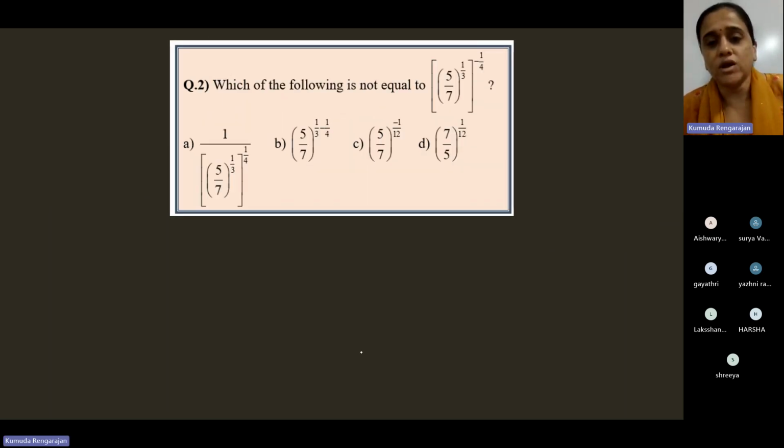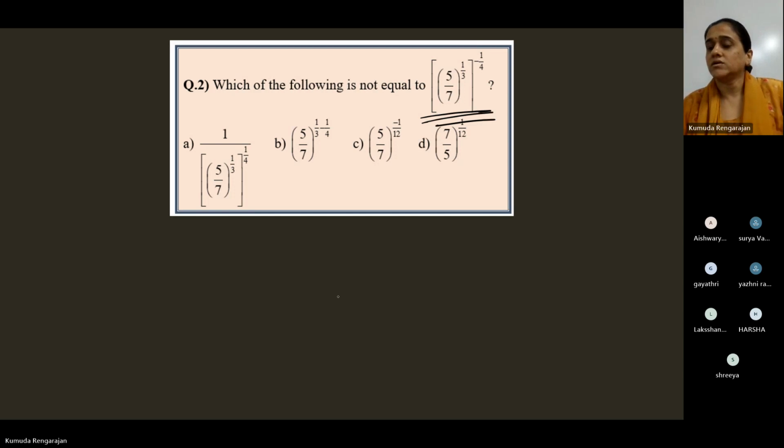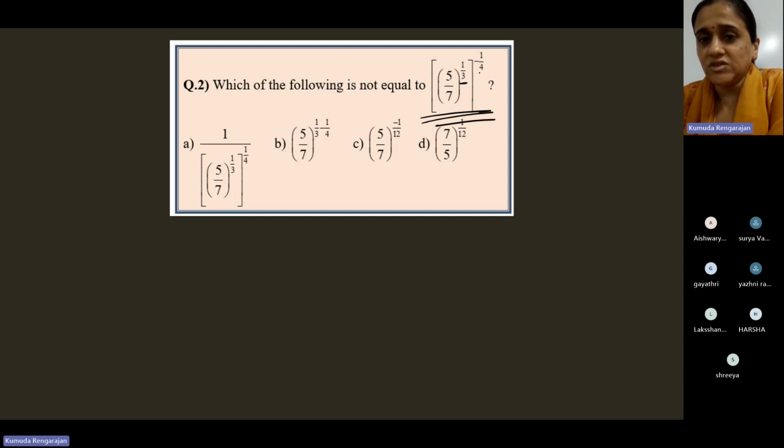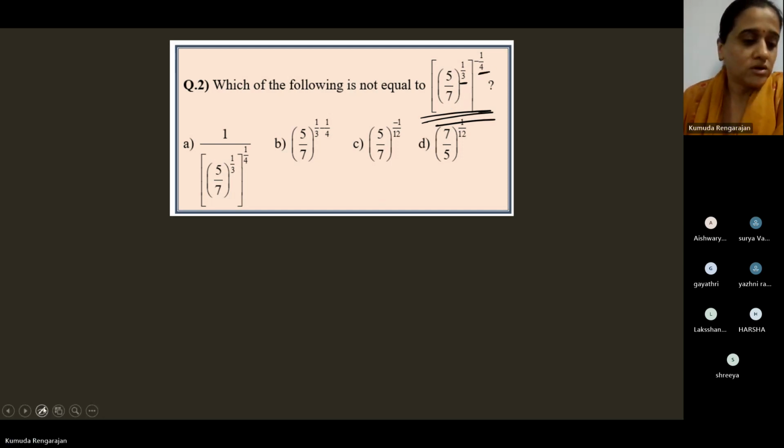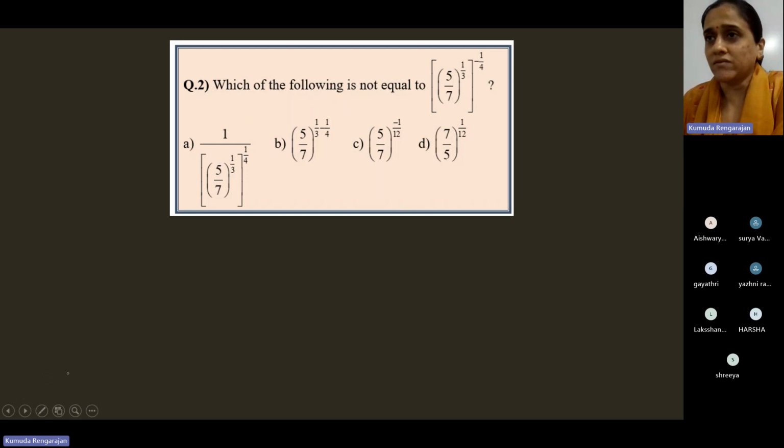Second one, which of the following is not equal to the given expression? We know that when the base is raised to multiple powers, the base is 5 by 7. It's raised to the power 1 by 3 and further raised to the power minus 1 by 4. So we'll have to multiply the powers.